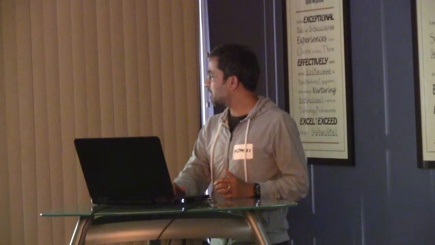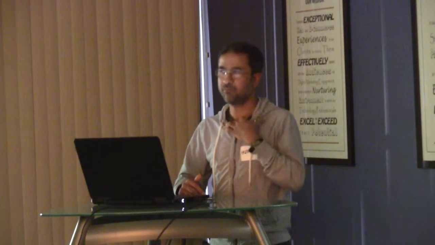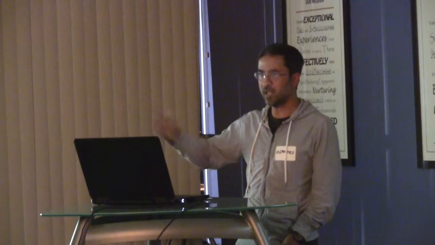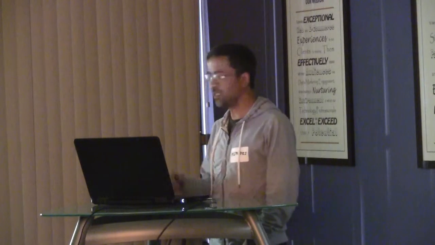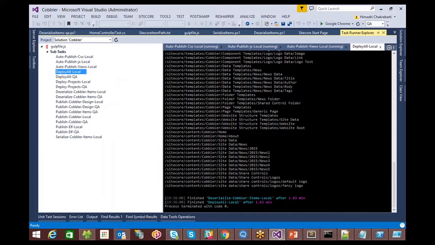After it builds the projects and everything, it calls this custom script and it deploys the files and Sitecore items. It is possible to integrate it with the instance. Let's see.